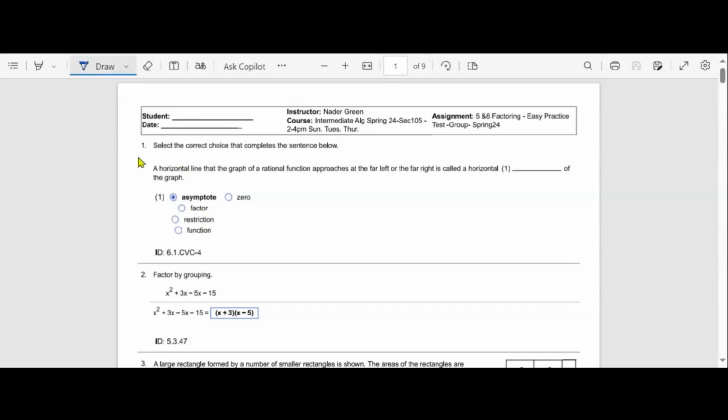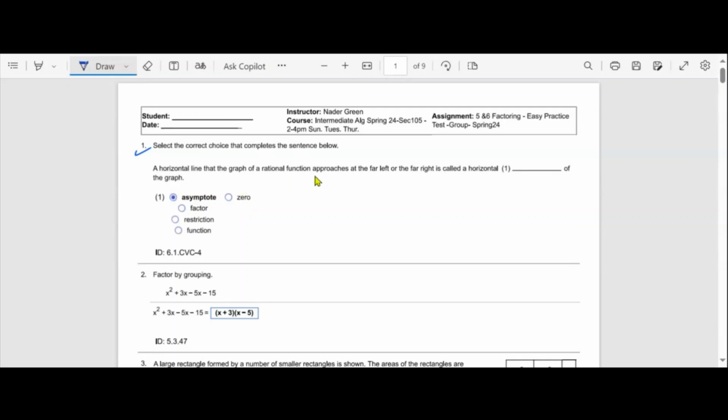Khaled, read number one. A horizontal line that the graph of a rational function approaches at the far left or the far right is called the horizontal blank of the graph.